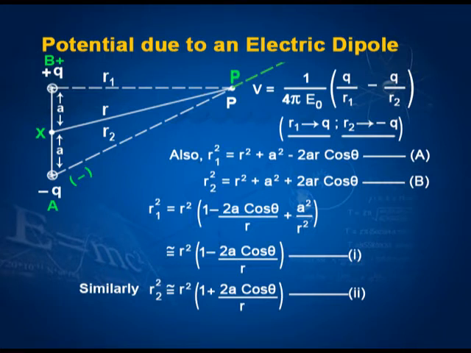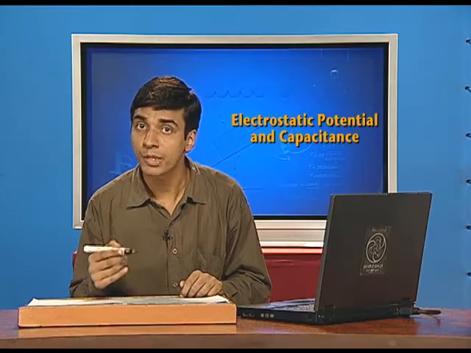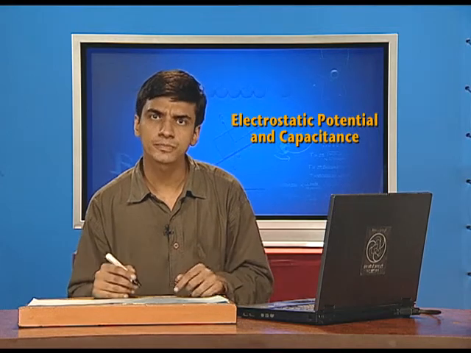But here I am seeing something quite different. The distance between the two charges is 2a, so the distance of this point from X is a, and from X to A is a. And if I look at them, I will have something quite familiar, which I can do quite easily.